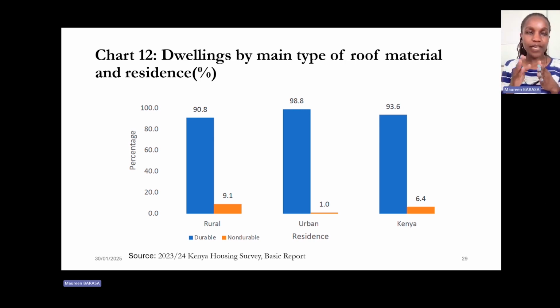So this just shows materials in roofing. It might provide diverse choices that enable people, according to their income levels, to afford different roofing materials that are durable. And for the rural areas, it's of course below the national average.